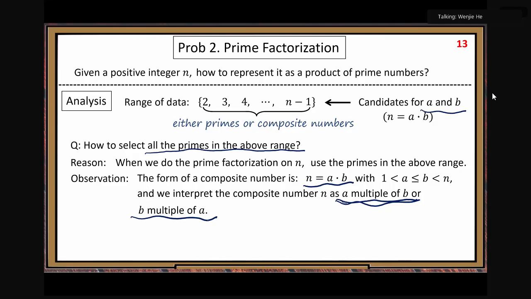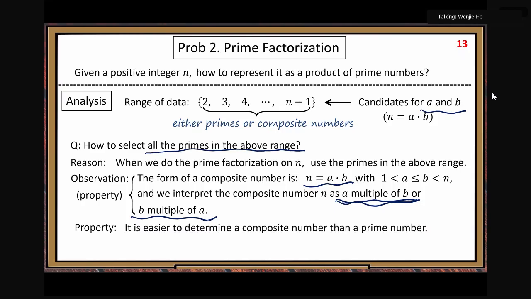My pronunciation may not be good, I need to practice more. So this view will result in that sieve algorithm. And the property that it is easier to determine a composite number than a prime number is another property we can use in this sieve of Eratosthenes algorithm.